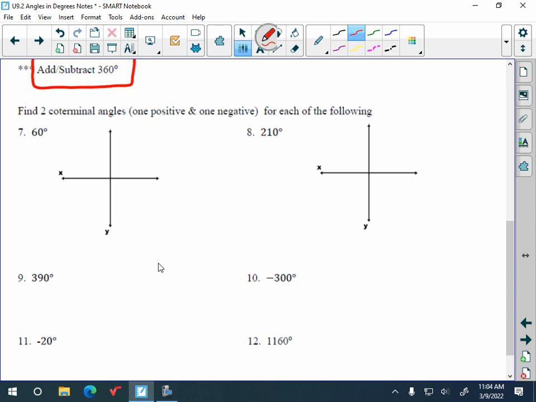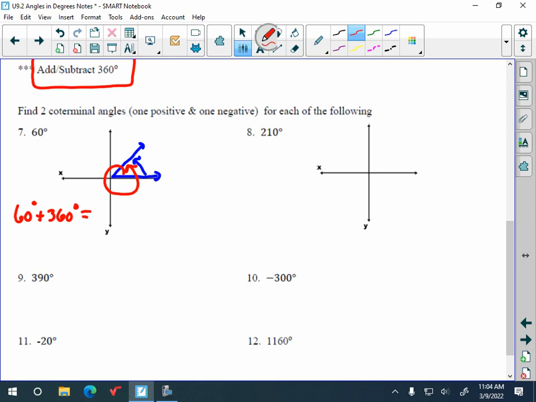So for 60 degrees. If I draw in a 60-degree angle, there it is right there, that's 60. If I want to find a coterminal angle to 60 degrees, I can take that 60 and add 360 to it. That's 1 time around. So that would look like this. What's the measurement of that angle?